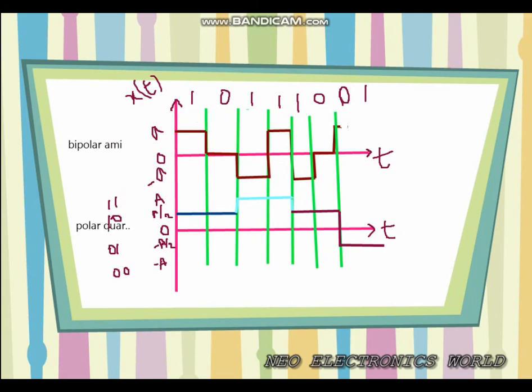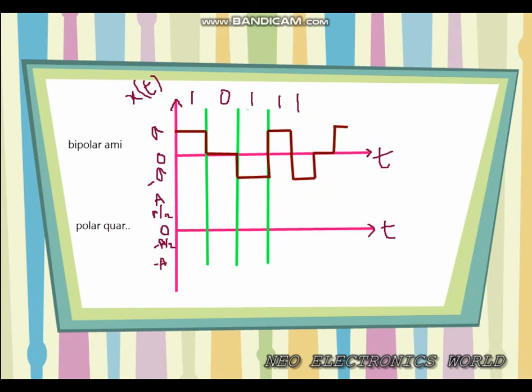We haven't discussed the properties of line codes. I think that is very easy, and just by reading the book you'll get the idea of the properties of line codes.